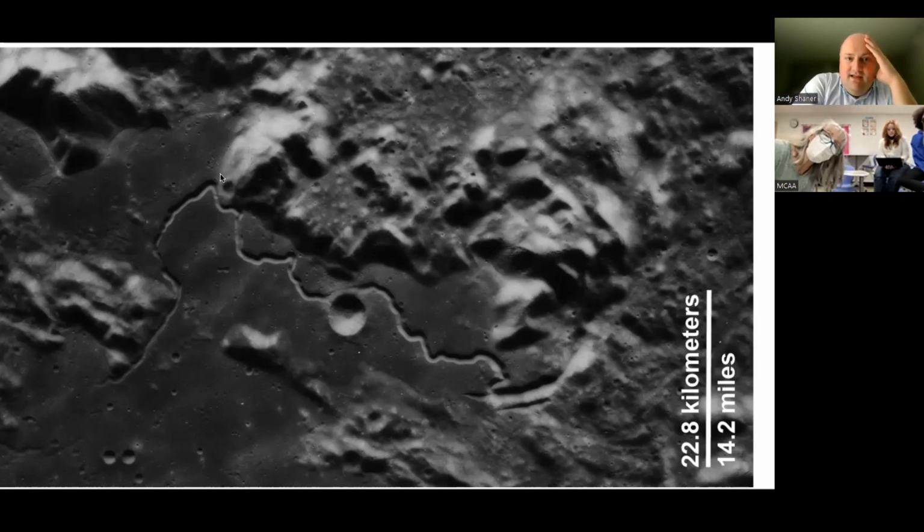And then just a little to the left of that, roughly in that area, is where the Apollo 15 astronauts landed. That was the fourth mission to land astronauts on the moon, back in 1971.